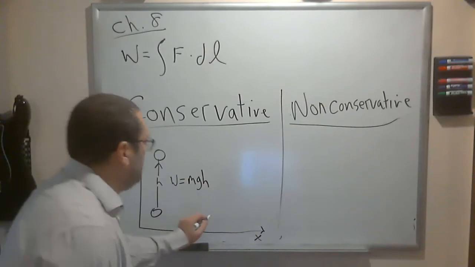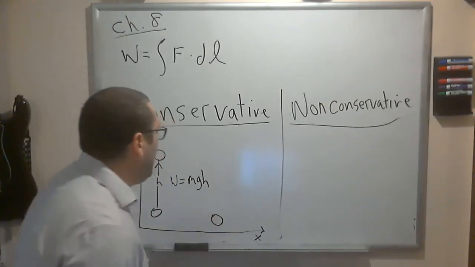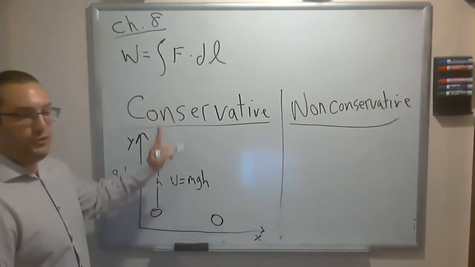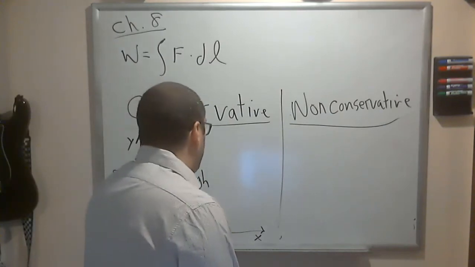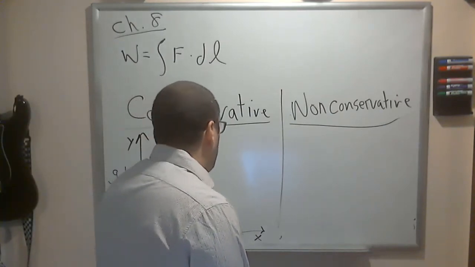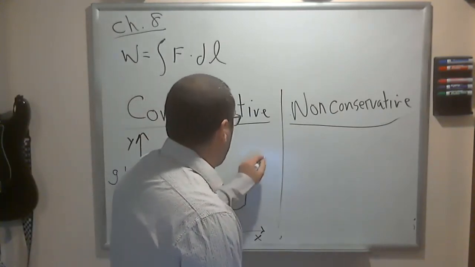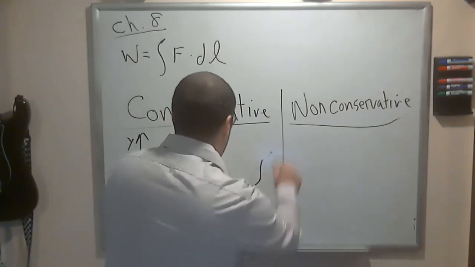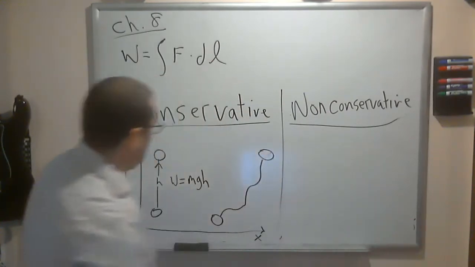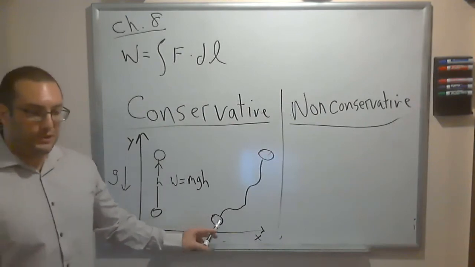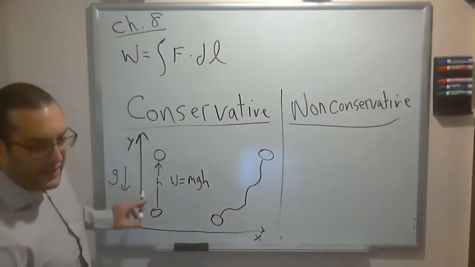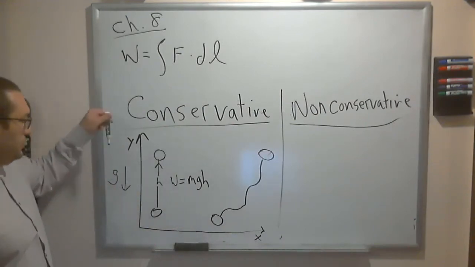Now let's consider a second scenario. Let's take that ball, and instead of moving it straight up, we move it upwards, but we also move it along the x path, something like this. Now how much work do we do? It's the same thing: g is totally downwards.